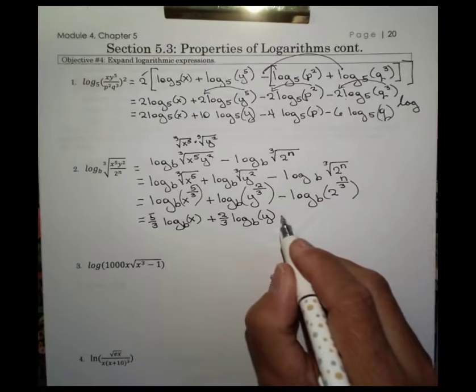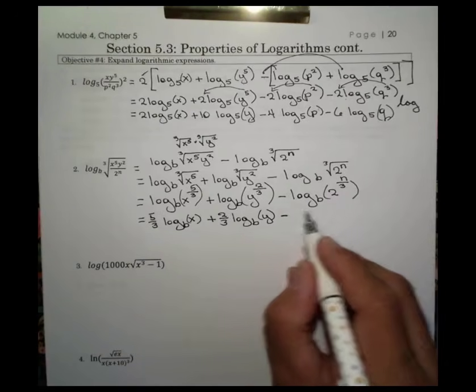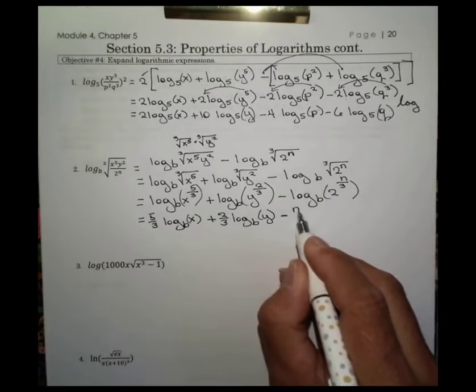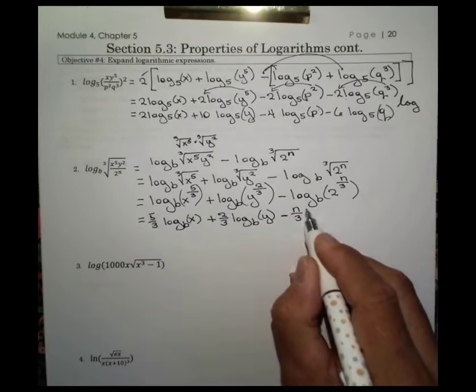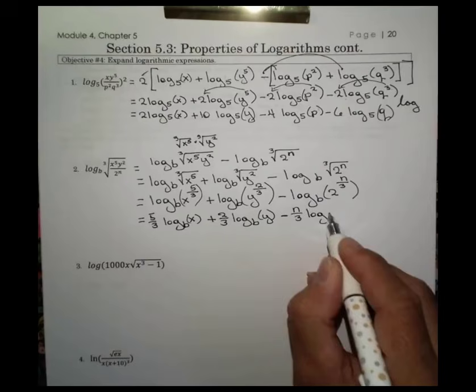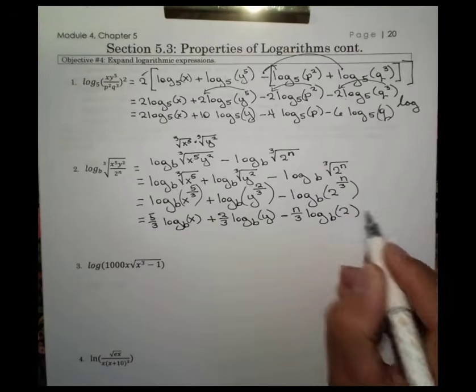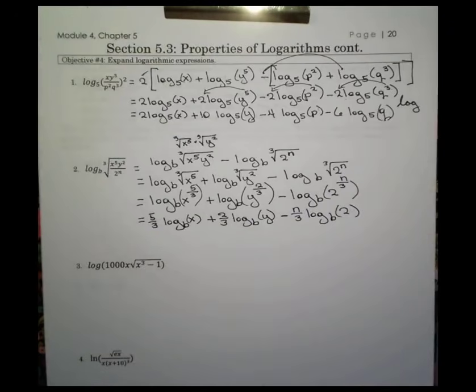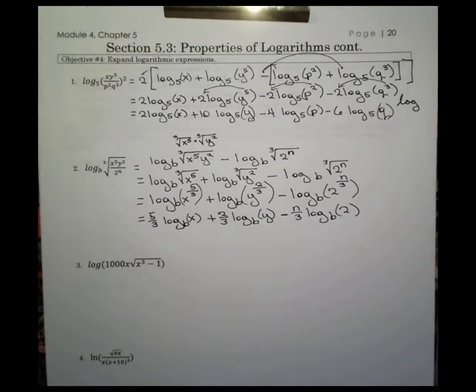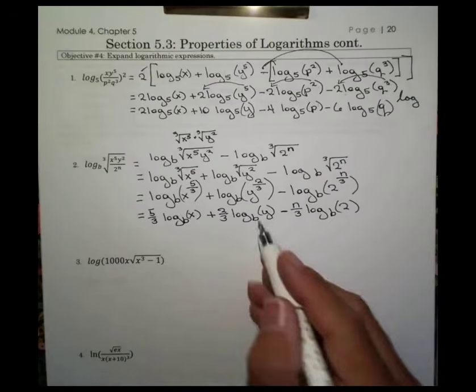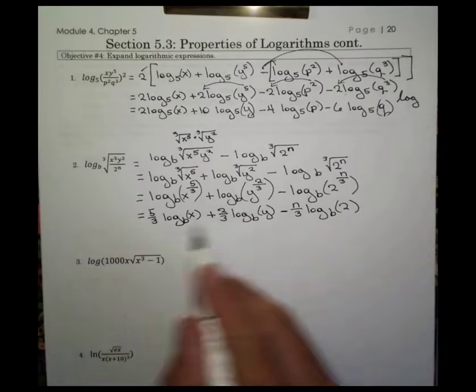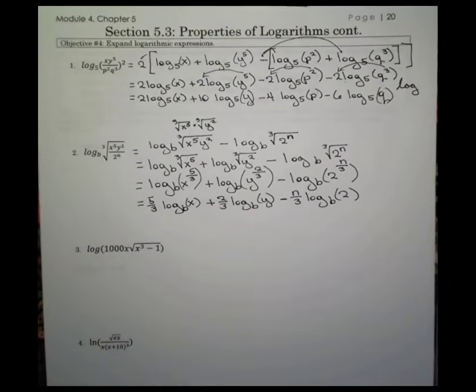And this one that I'm subtracting is going to be n/3 of log base b of 2. That is the simplest format. That is the most expanded version that I can come up with. If I could simplify any of these, I would, but nothing here is going to simplify it all for me.